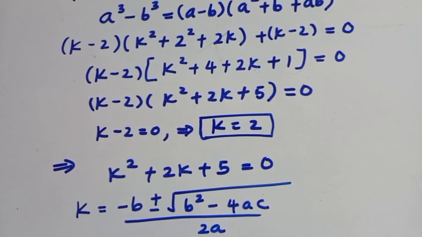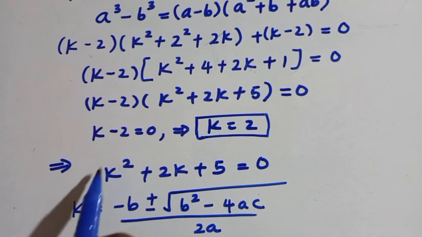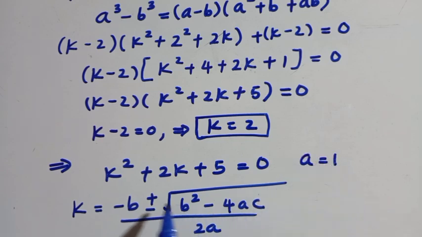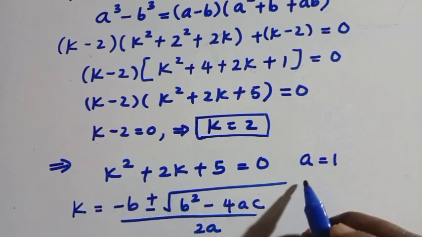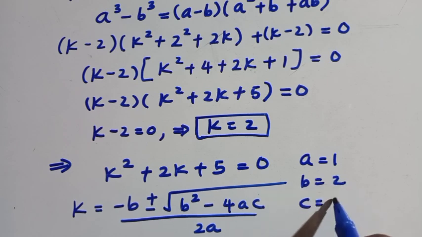And from k squared plus 2k plus 5, we can get our a, b, and c from here. The coefficient of k squared is a, and that is 1. Here we have a equals 1, and also we have b, which is the coefficient of k. So we have b equals 2, and we have c equals the constant value, which is 5.